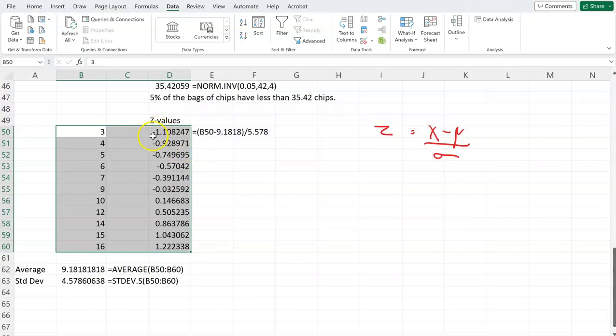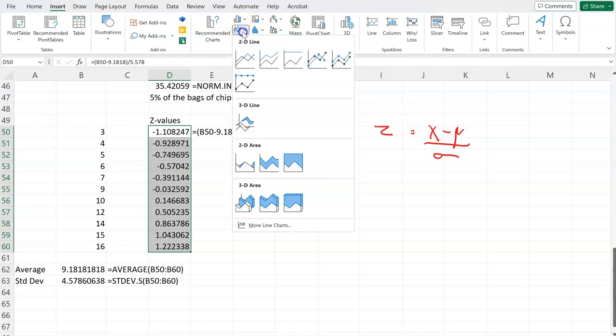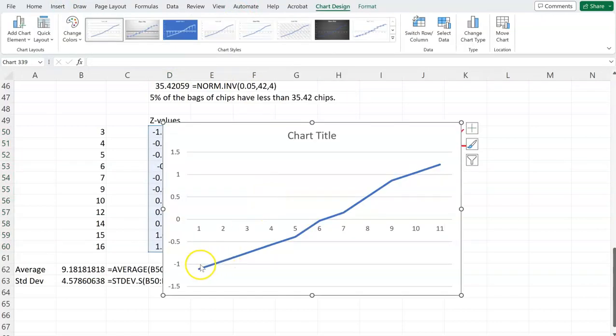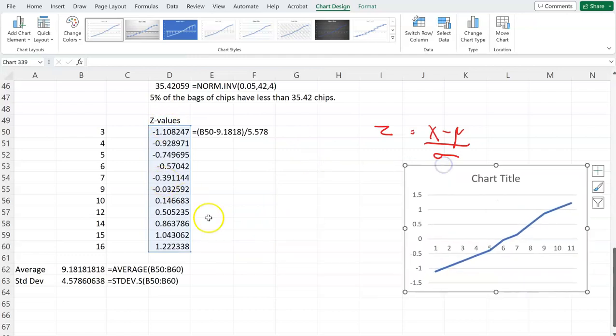After I sort them, I'm going to chart it. So I will insert a line graph. And I see that it is somewhat of a straight line. If the line is straight, then we say that this data is normally distributed.